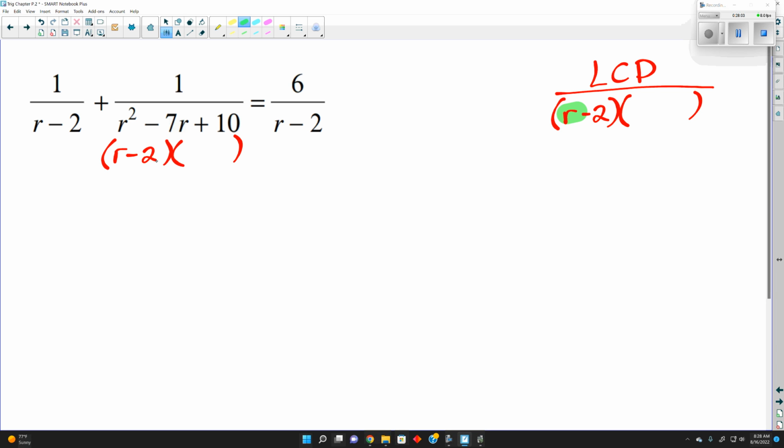Now, the one that I find kind of helpful is figuring out the sign first. So if the third term is positive, the signs are the same, and match the middle term.